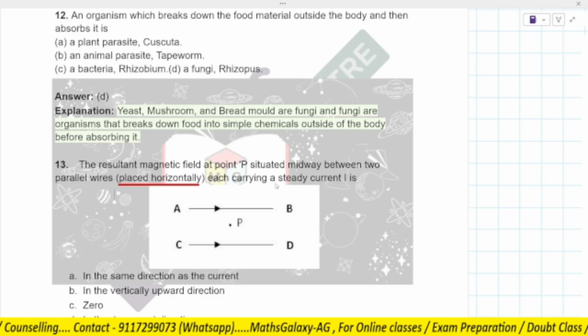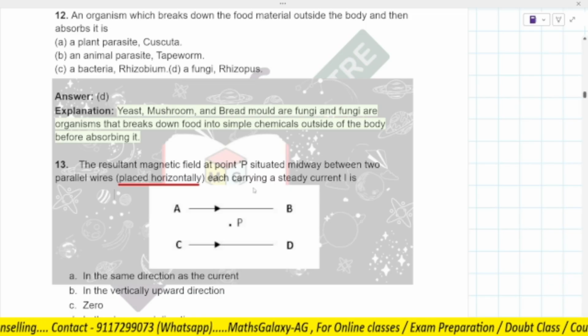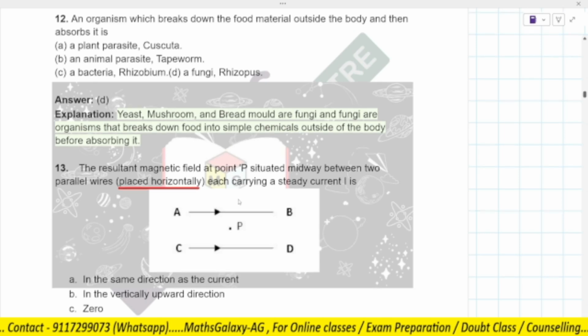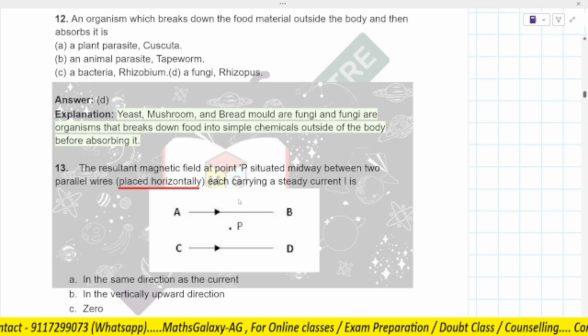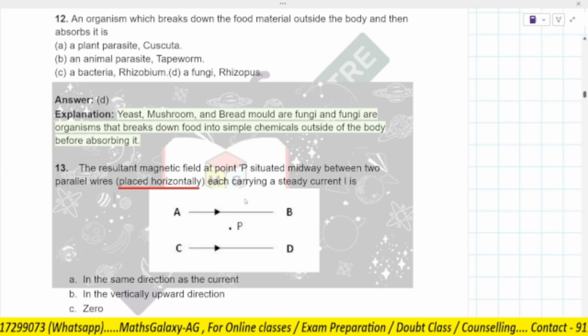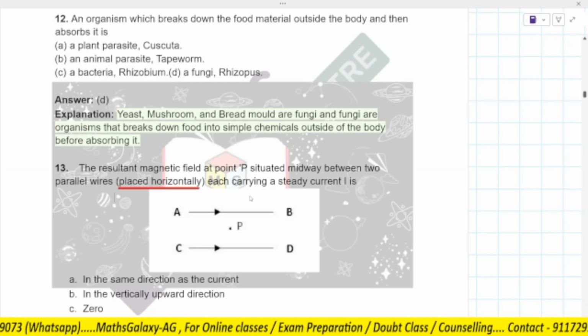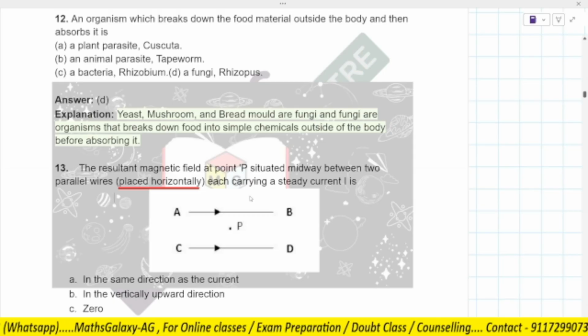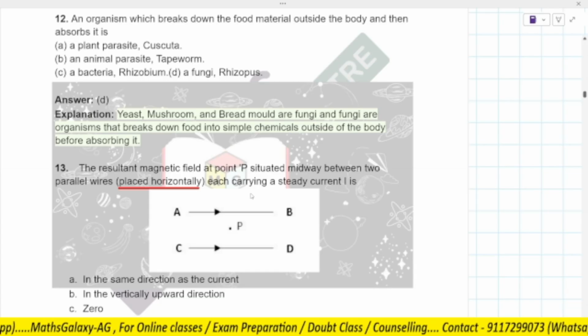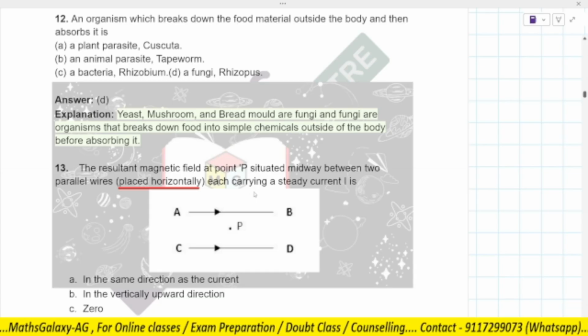The point is midway between two parallel wires, each carrying steady current. In the parallel wires carrying current, the resulting magnetic field will be, if it's like this, in the same direction, vertically upward.